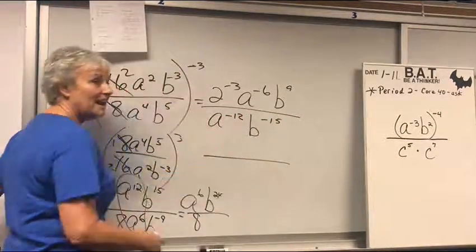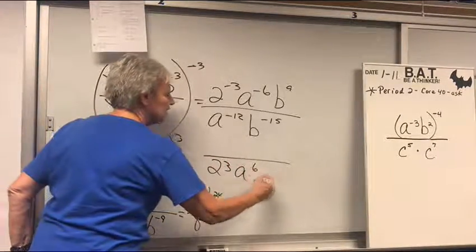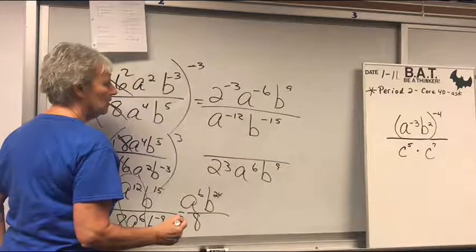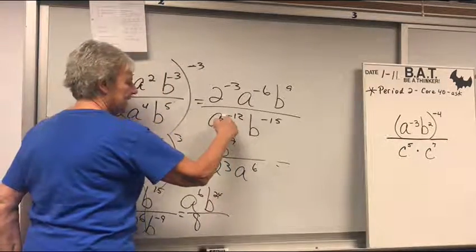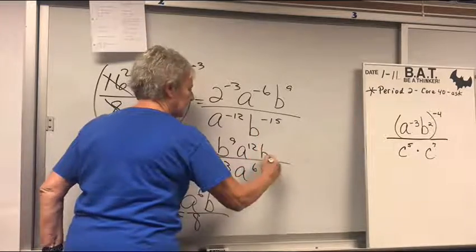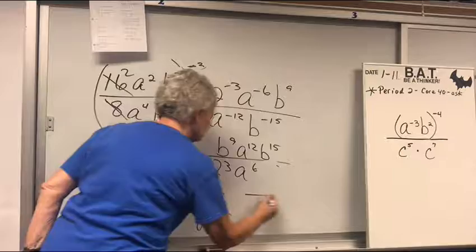Now you should rewrite everything with positives. 2 to the 3rd, A to the 6th, B to the 9th. I just did something wrong. Yeah, B to the 9 stays on top. Okay, A to the negative 12, and B to the negative 15. And then reduce it, we should get the exact same answer.